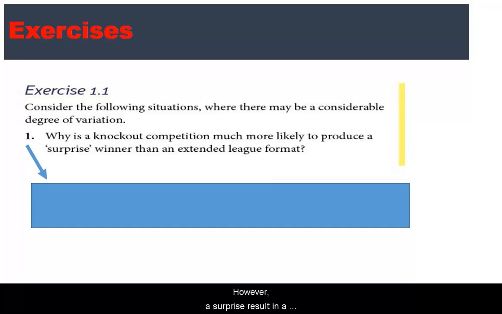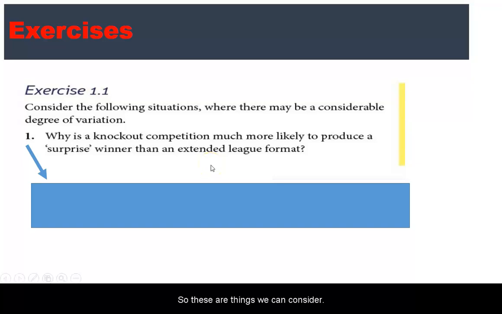However, a surprise result in a knockout tournament can be caused by a temporary lack of form, or by a team playing above their normal standard. And we see this even in normal competitions. I know most of you watch football, maybe Premier League or La Liga, or Serie A. There is a possibility that a better team will be beaten, not because they are not good, but maybe because they are out of form.